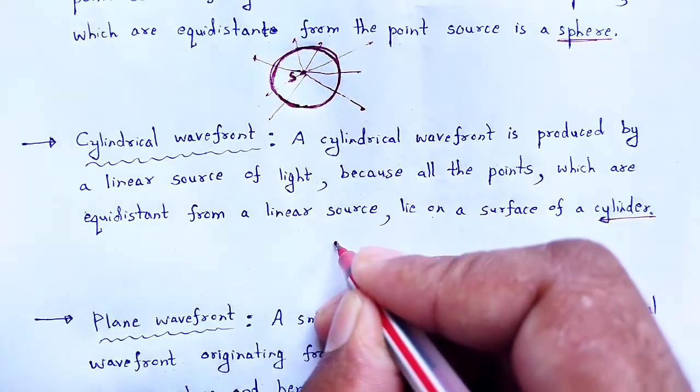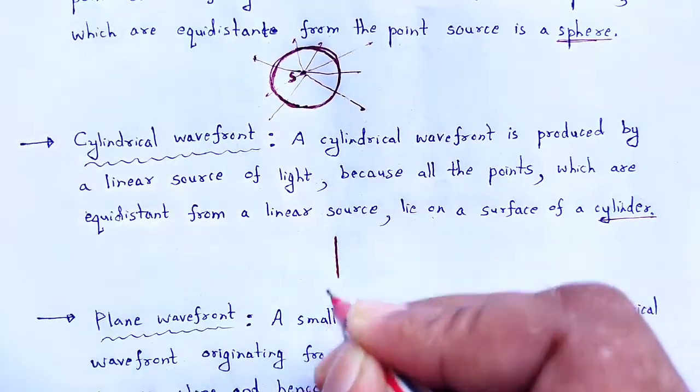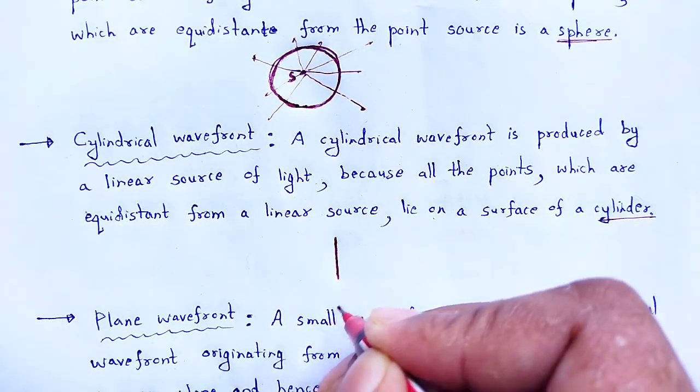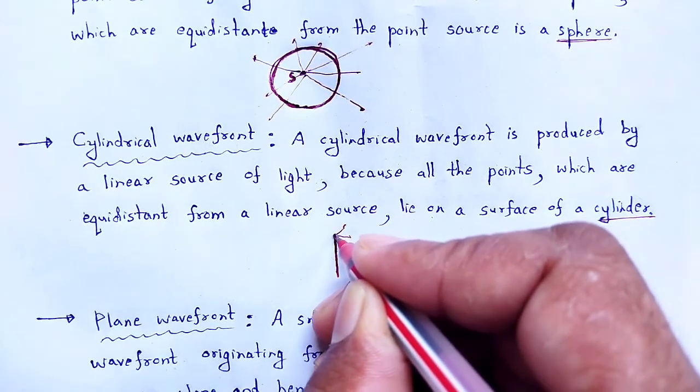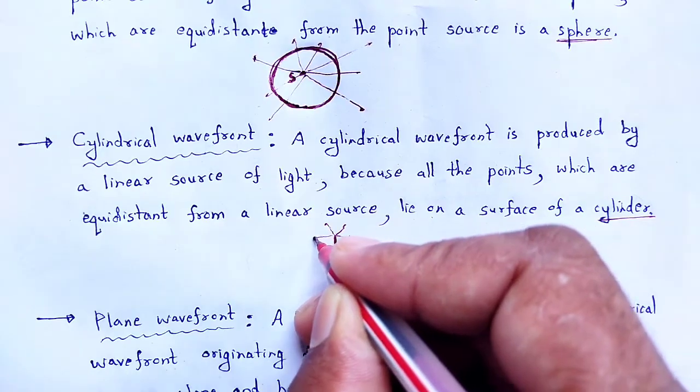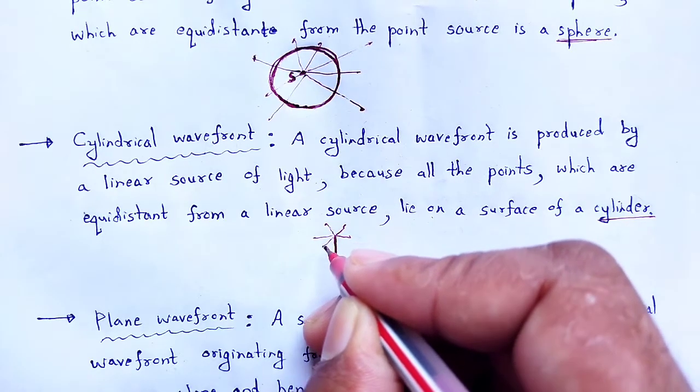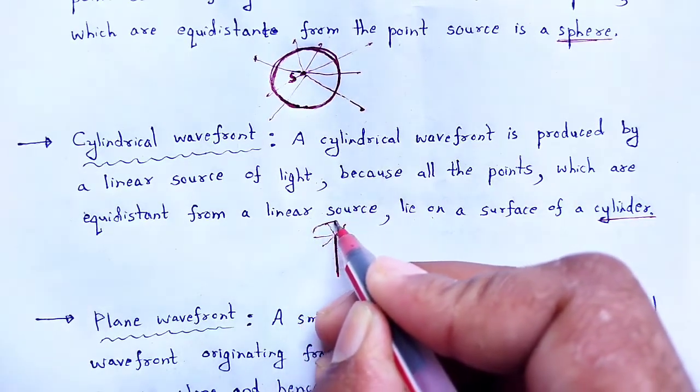Look here, let that be the line source. Now, the equidistant points from the line source are drawn like this.